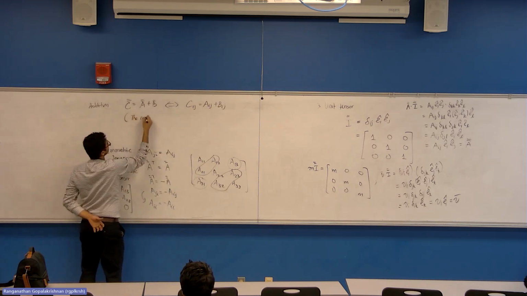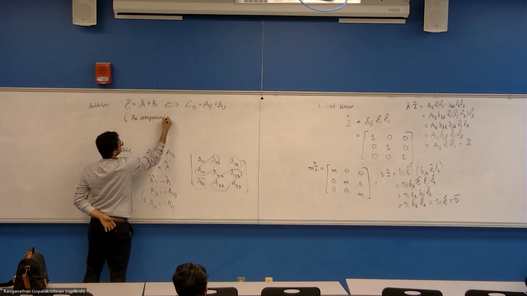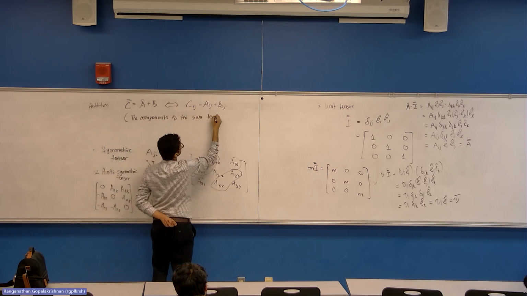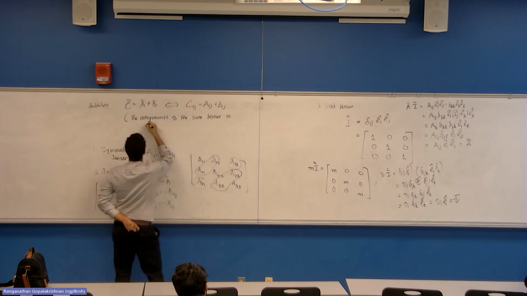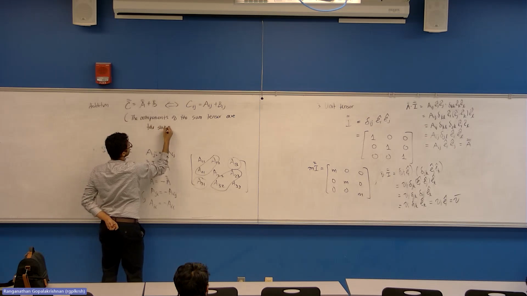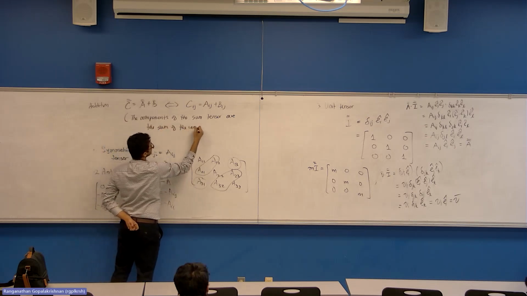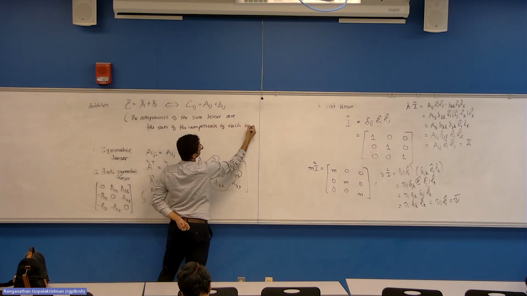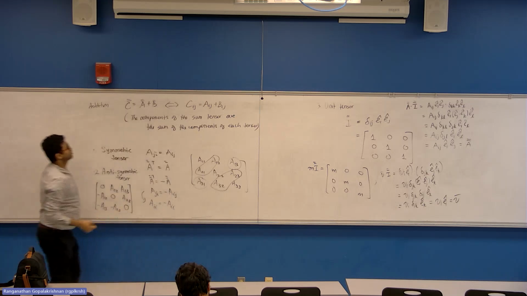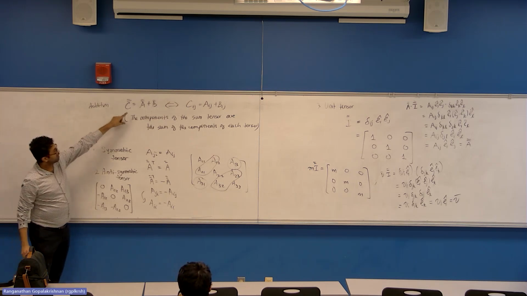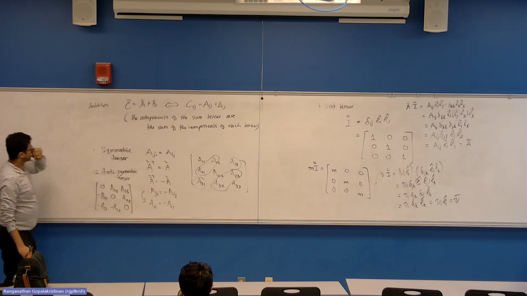The components of the sum tensor are the sum of the components of each tensor. Pretty obvious thing to say. You can do addition, you can also do subtraction. It's really the same thing.